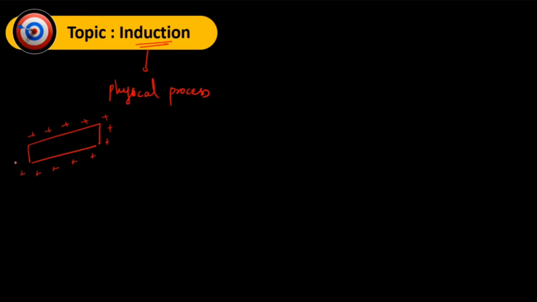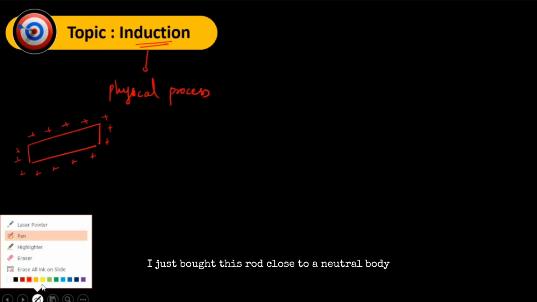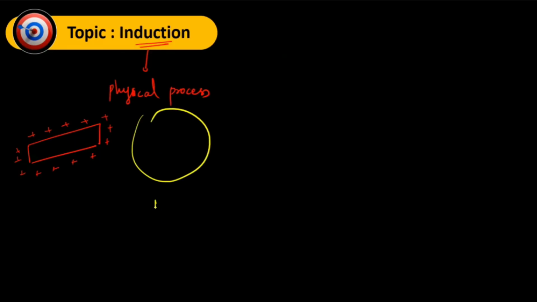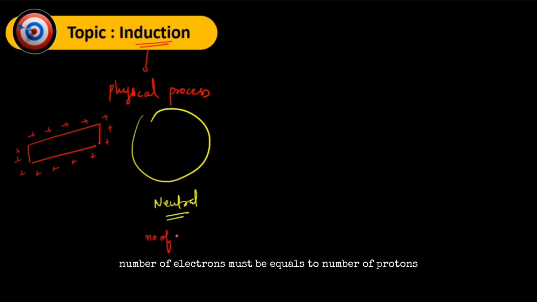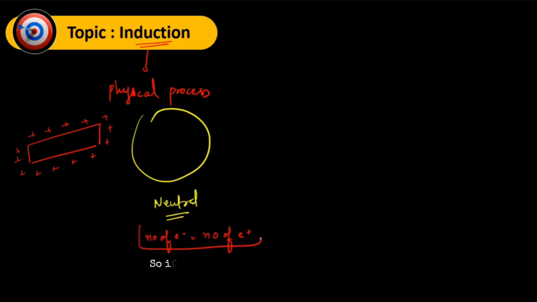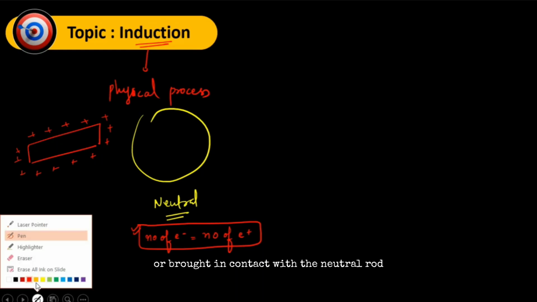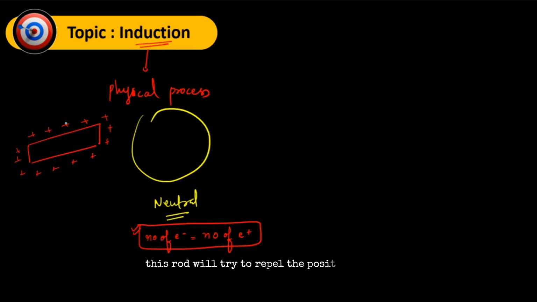Now, what happens is I bring this rod close to a neutral body. I already explained what neutral means: the number of electrons must be equal to the number of protons. That's why the net charge becomes zero. So if this positively charged rod is brought close to the neutral rod, this rod will try to repel the positive charge present in the neutral rod away from this particular part.